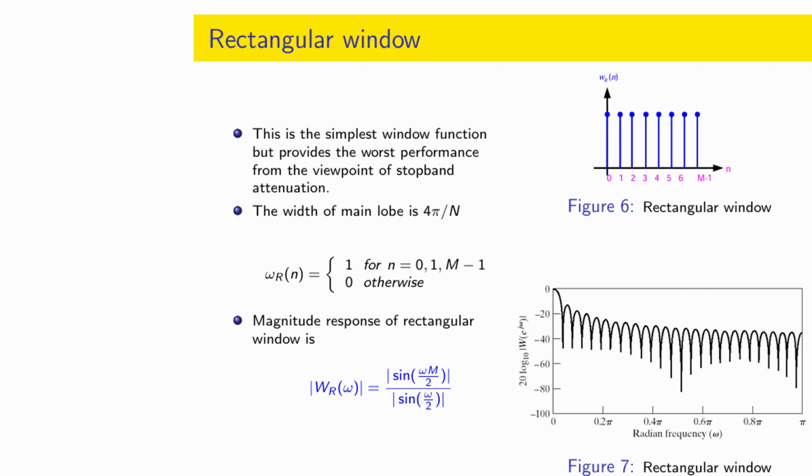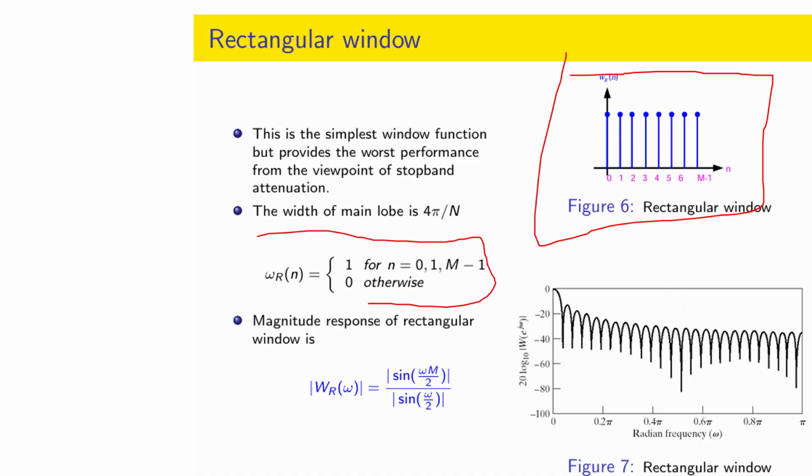First window is your rectangular window, right? So here is the w(n) rectangular window. So the important thing is that you have to remember this w, right? This is nothing, this is one only for n from 0 to M minus 1, and in this case magnitude response is nothing but the sinc function, right? Why is this sinc function?